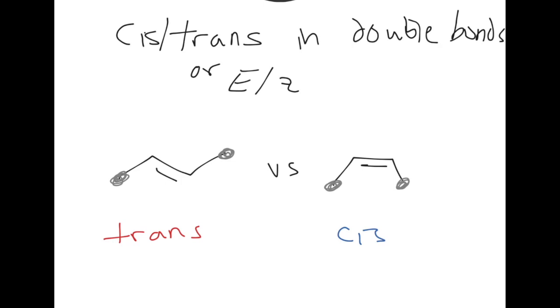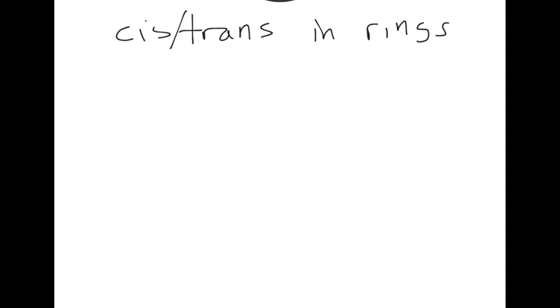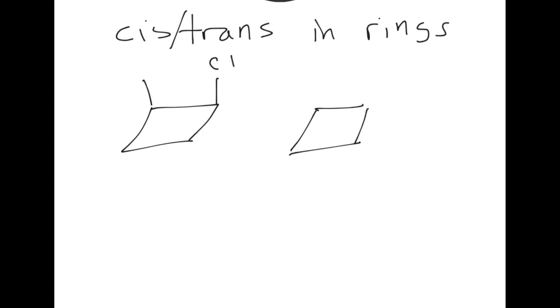Another example of this is in rings. So let's say I have a cyclobutane. On this one, this is cis, right?